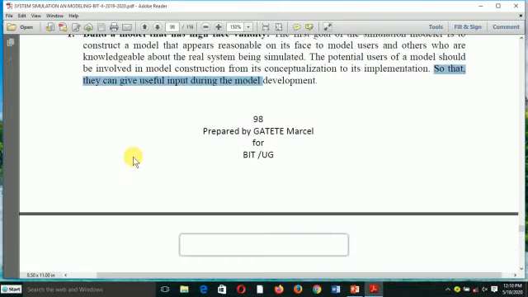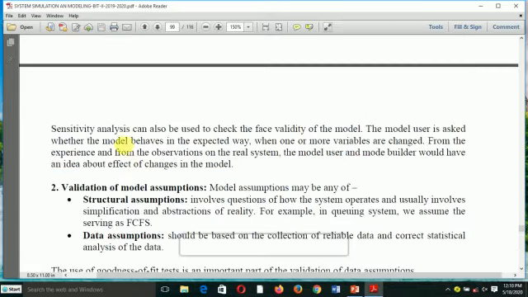So here there will be sensitivity analysis. It can also be used to check the face validity of the model. If you use sensitivity analysis, you are going to check the face validity of the model, how the model looks, and the model user will be asked whether the model behaves unexpectedly.